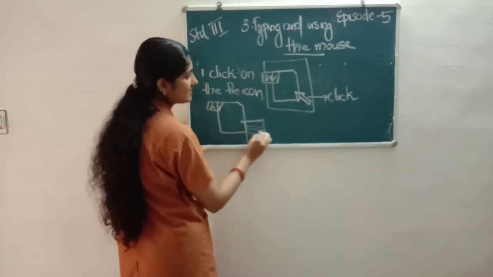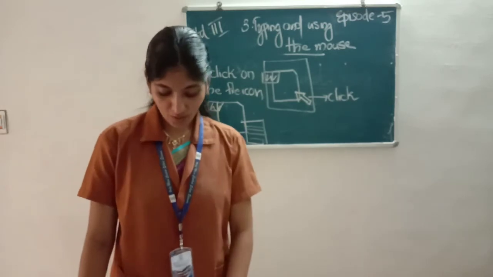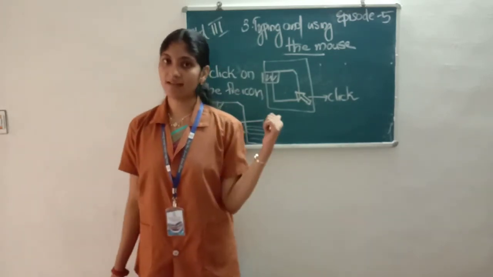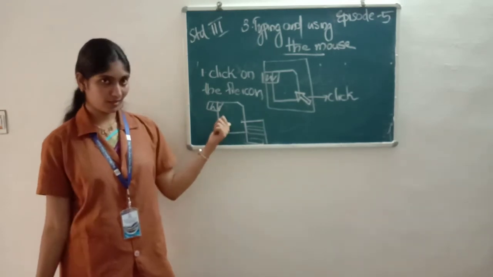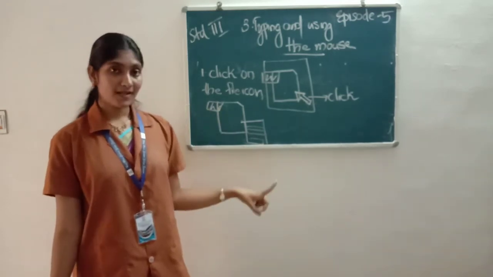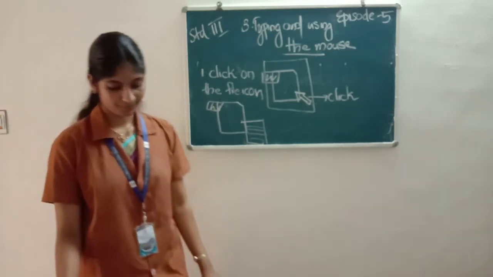So it contains some options, right? That is right click on the file icon: move the pointer, aiming the pointer to this particular location and then press the right button. So a shortcut menu appears.